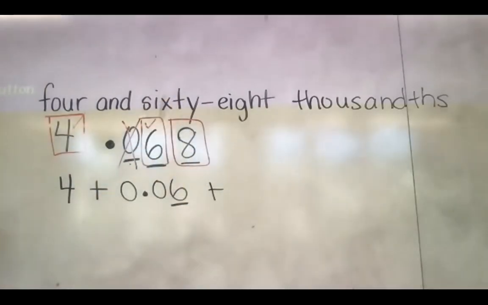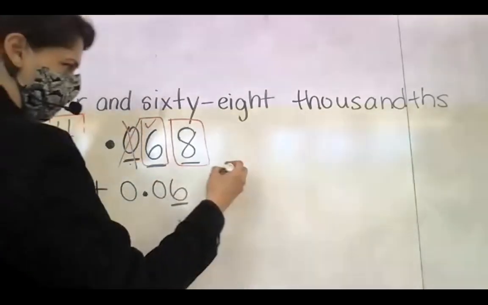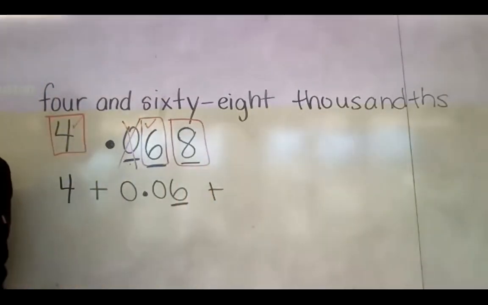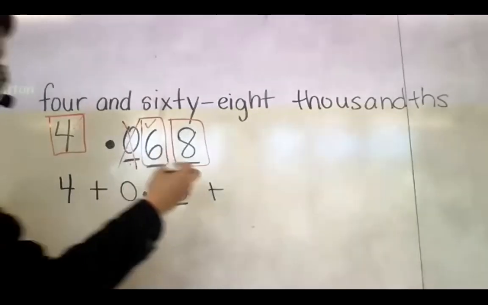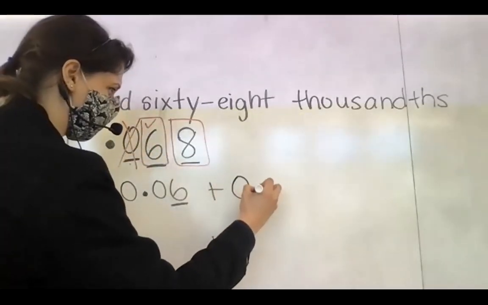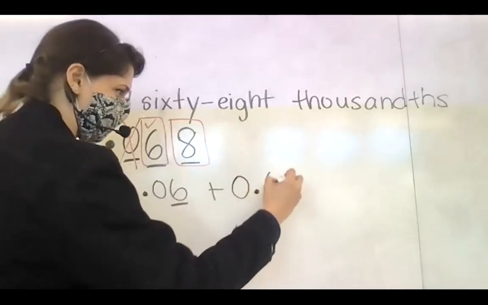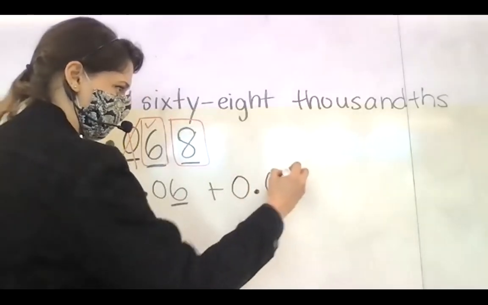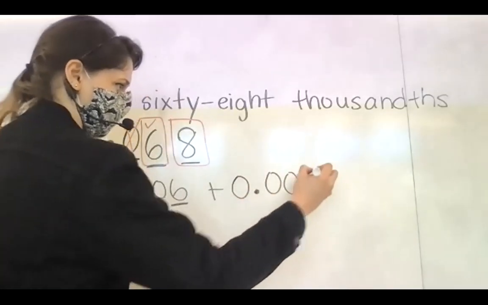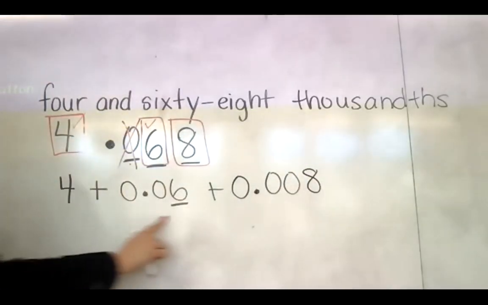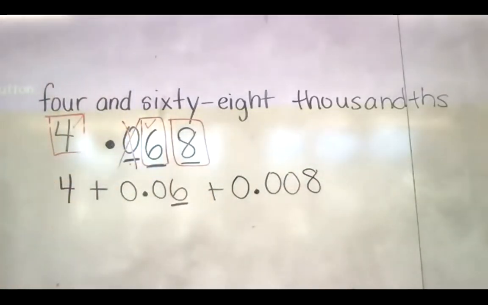How much is the 8 worth? 0.008. It's 8 thousandths. So I have to go 0, decimal, and make sure I end in the thousandths place. Tenths, hundredths, thousandths. Now this is how I expand my number. Notice I intentionally did not write that 0 because that 0 has no value. It is simply a placeholder.